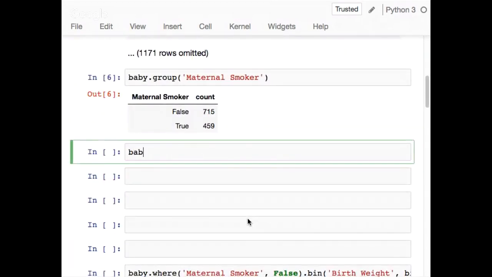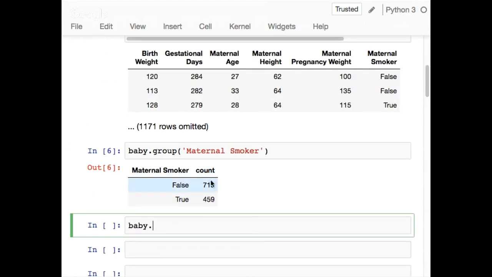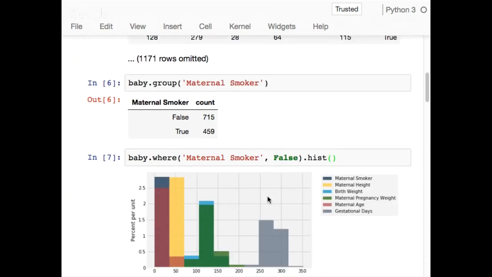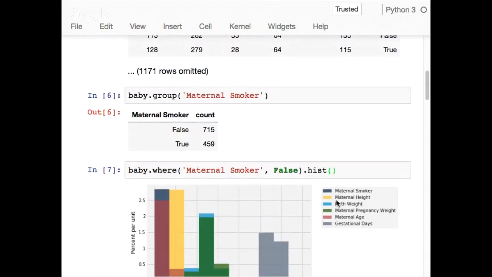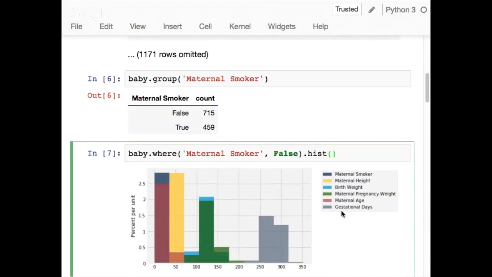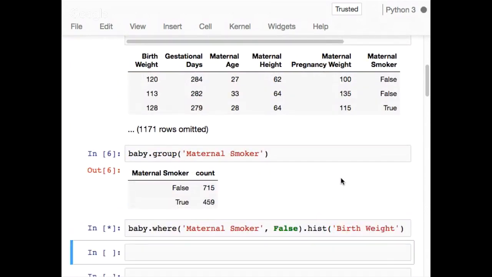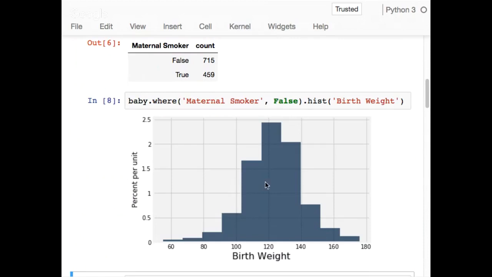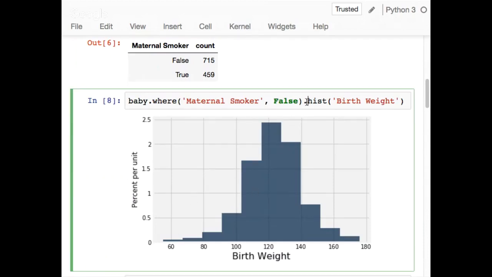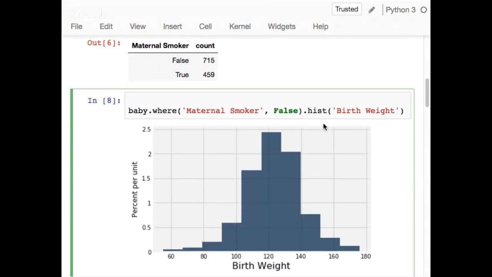Take out only the rows where the maternal smoker is true. Let's do false first, and then histogram that. We have to select out which column to histogram, otherwise it draws all of them. So let's pick out birth weight. We have this distribution. Let me adjust the bins so that they're a little bit nicer.